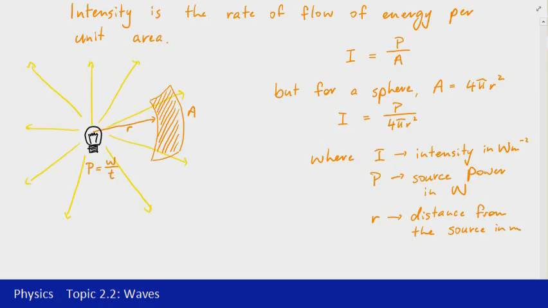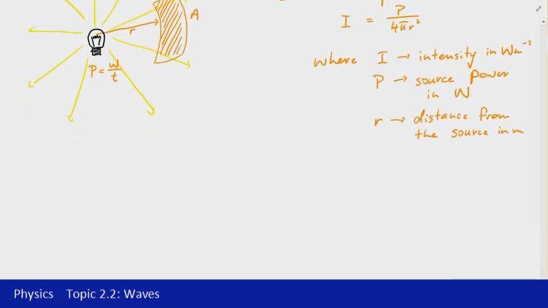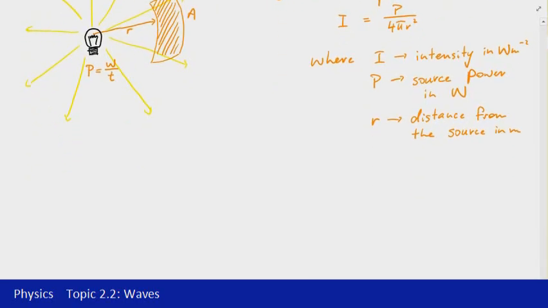It's a little bit easier than that for what you need to know. We don't actually need that equation in any great detail. What you do need to know though is that the intensity is therefore inversely proportional to the square of the radius. So we can take that from the equation above, where if we take the power of the source as a constant value, and we know that 4 pi is constant as well, we can then identify that I is proportional to 1 on r squared.